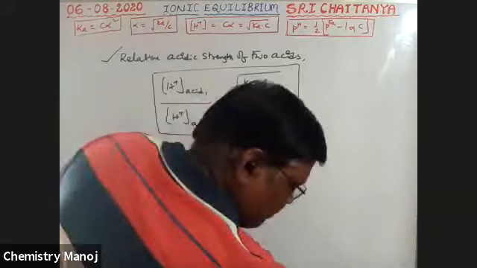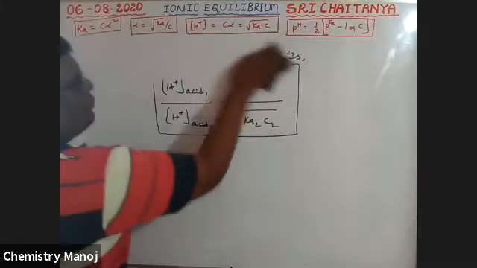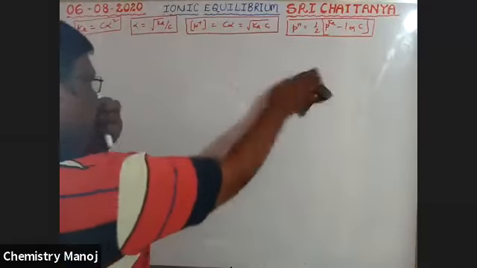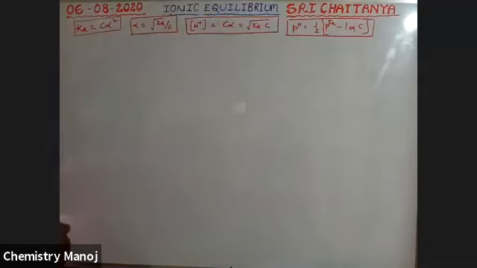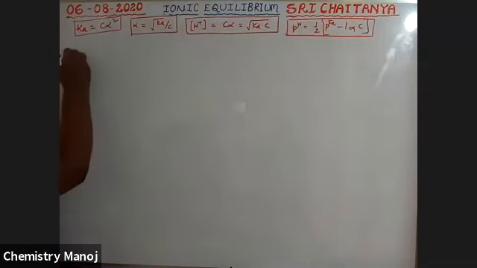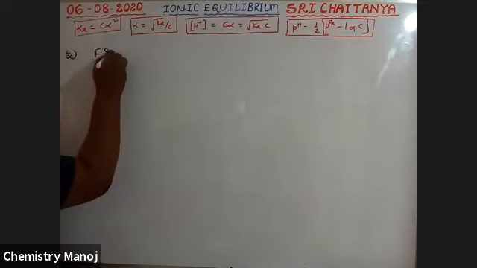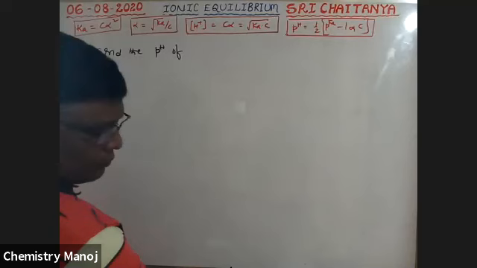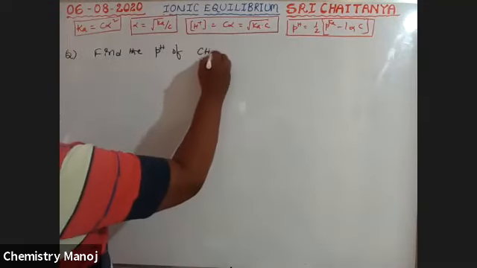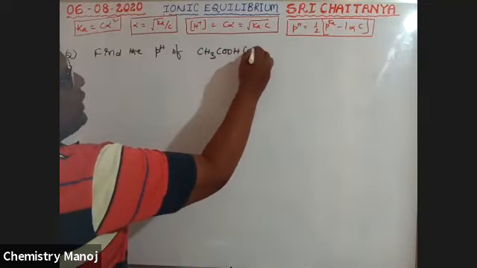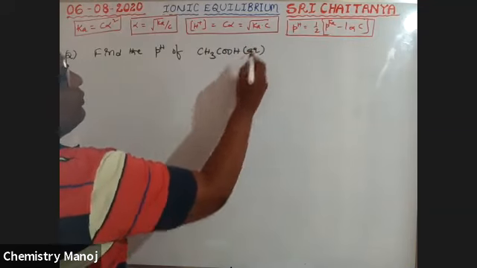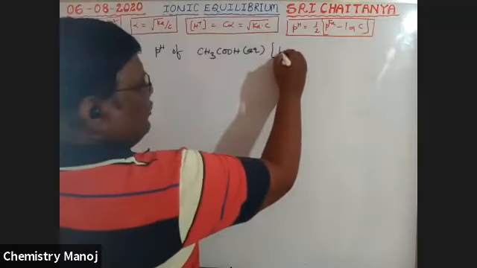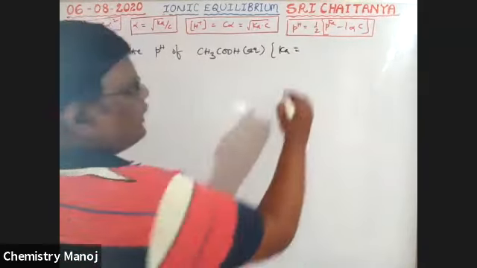See here. Find the pH of CH3COOH aqueous, whose Ka value is equal to 2 into 10 power minus 5.